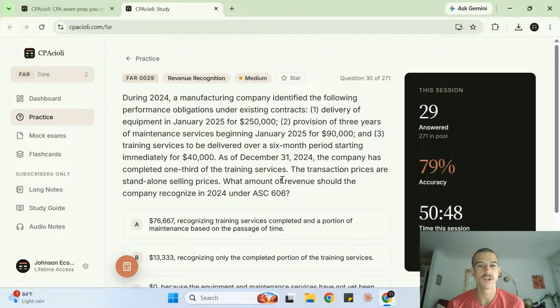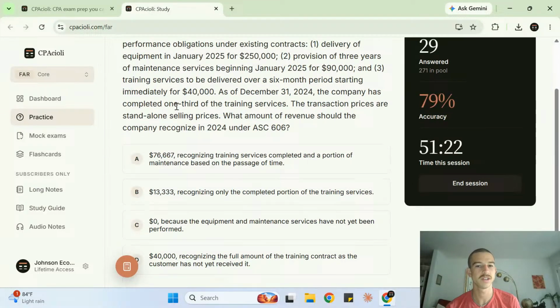So in 2024, they should recognize 250, 1 year of maintenance services, so 30, and training services starting immediately. I think it should be 250 plus 40 plus 30, which is 320. Oh, wait, let's see. Oh, that's in 2025. So during 2024, just 30,000 plus 40,000 is 70,000.